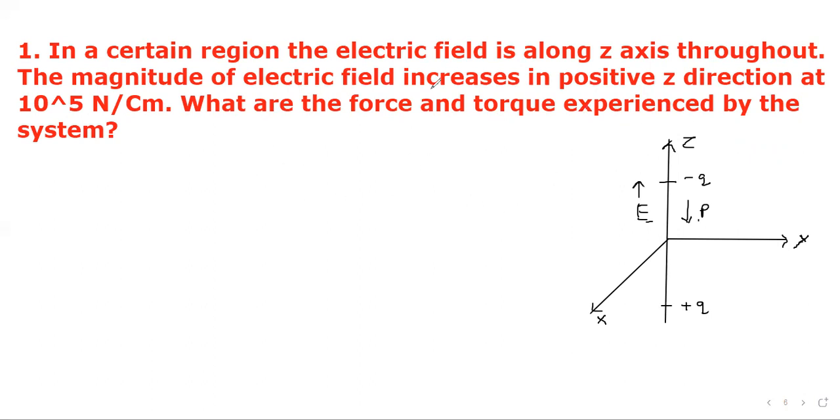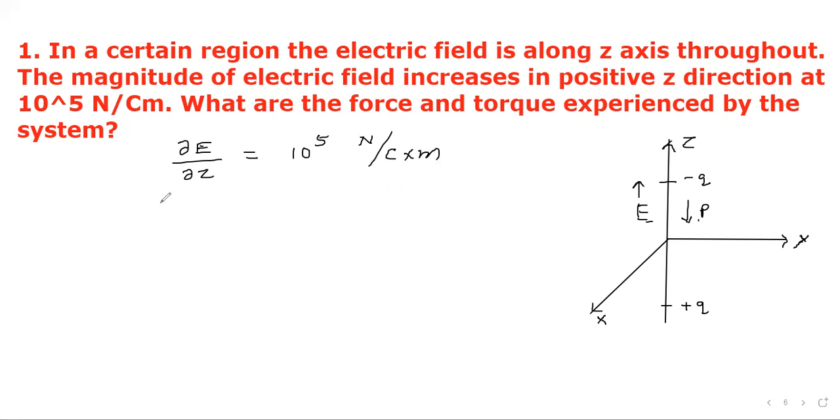So here the electric field increases in the positive z direction. So we can write del E upon del Z is equal to 10 power 5 newton per coulomb per meter.